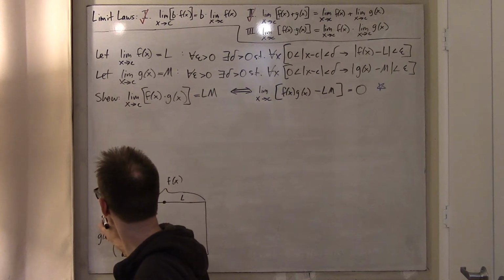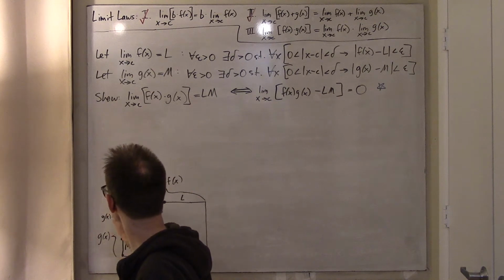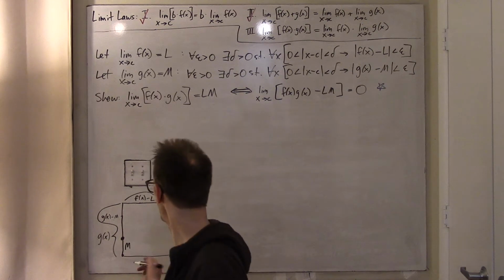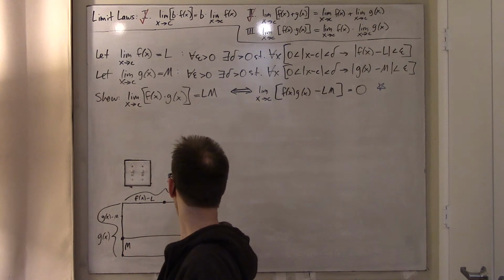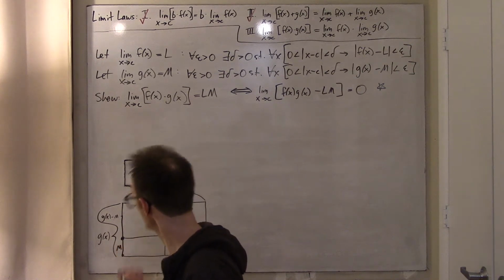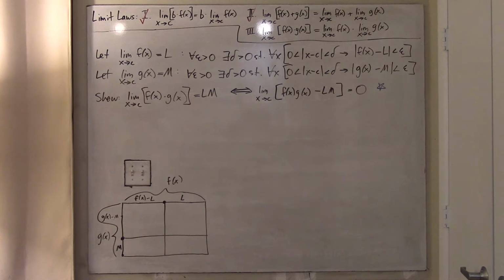This is g of x minus m, and it's kind of like that. So I have a rectangle here, and the rectangle is like this. And what are the values of all of these things? Well, the big rectangle, the whole thing, is f times g. That's the function that we're discussing. What is this rectangle?